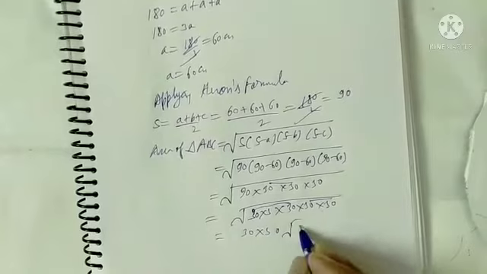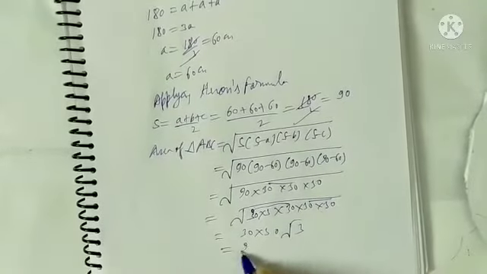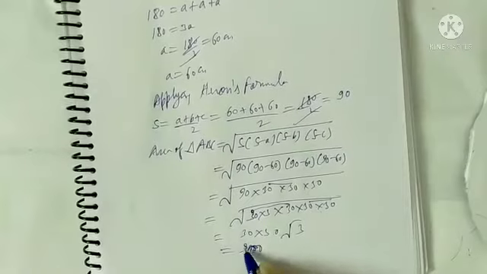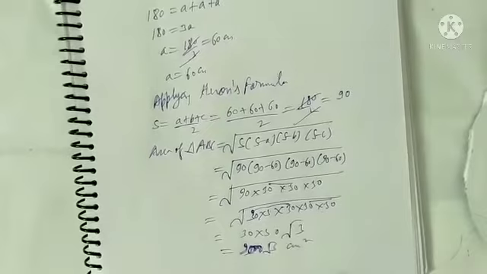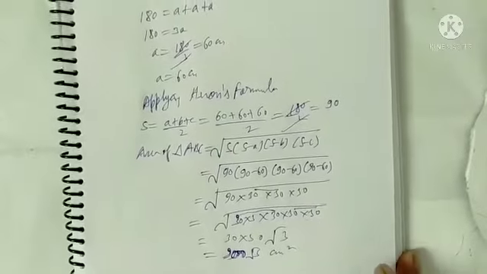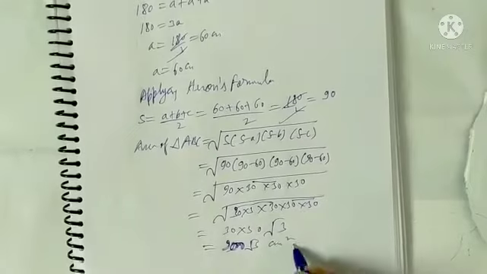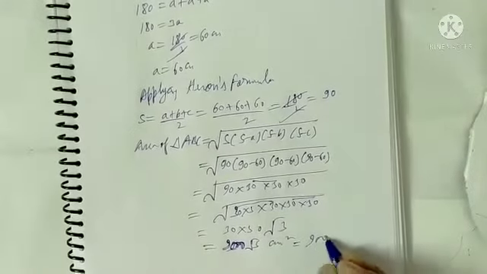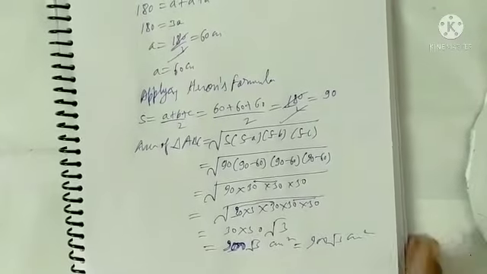This 3 is unpaired, so it stays in the square root. 30 into 30 is 900. So 900 root 3 centimeter square is the area of this triangle, that is, of the board. So that is the answer. Again, write clearly: 900 root 3 centimeter square. Question one is done.